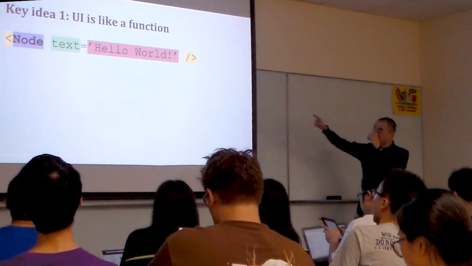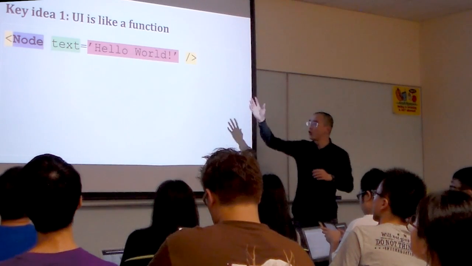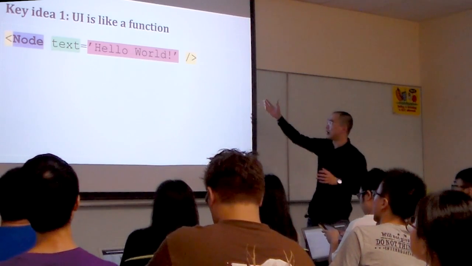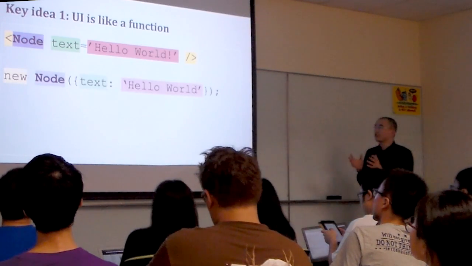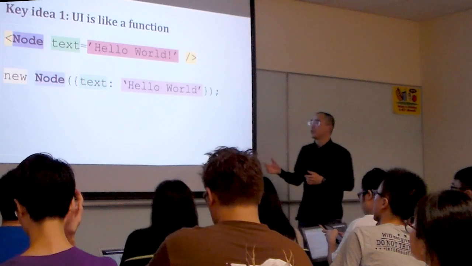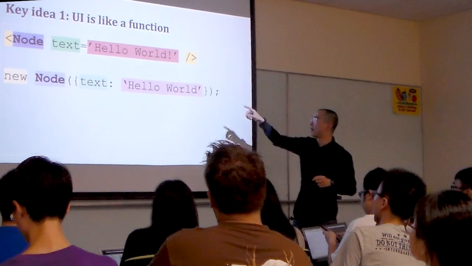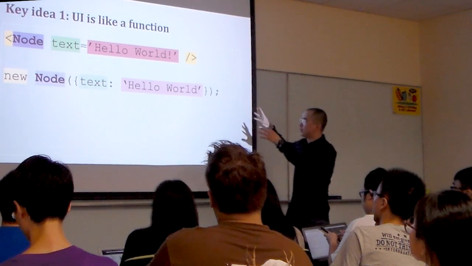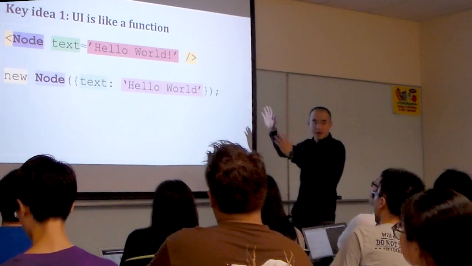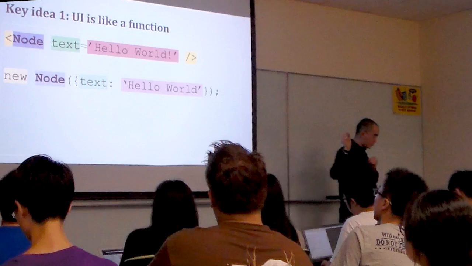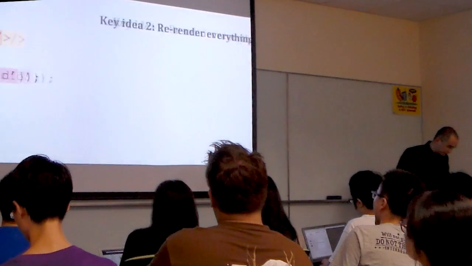So in React, you write something like that. Okay, it's a node, and the text equals hello world. It's almost like you are writing JavaScript when you say new node and pass in a name, it's an object, but usually we use it as named parameters. It's almost parallel. We can see this when we go to the coding part.